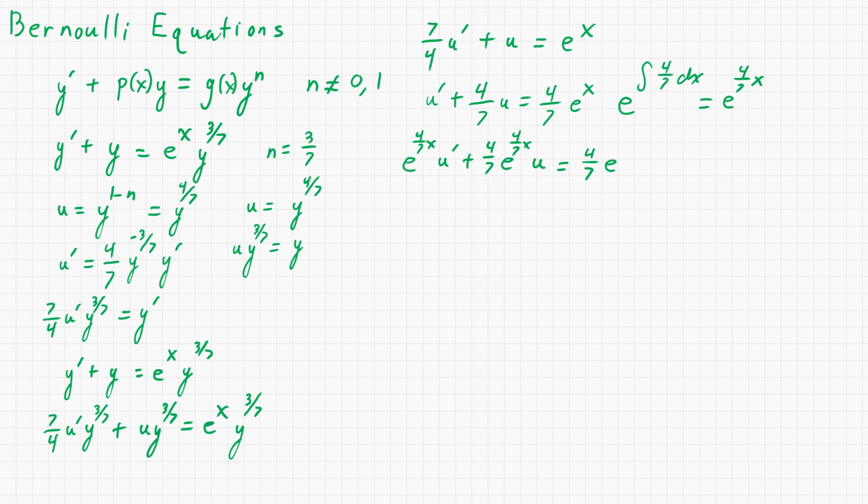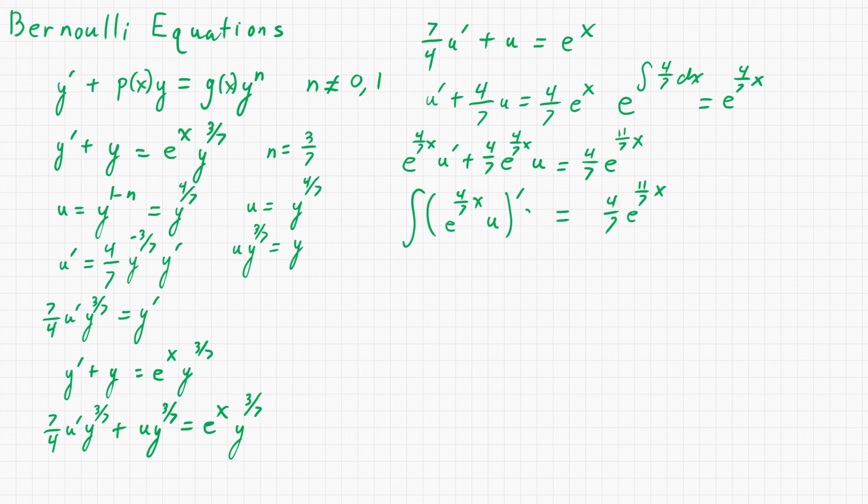So I think that ends up being e to the 11/7, and there's an x there still. All right, so reverse product rule. So we've got e to the 4/7 x times u, the whole thing prime, equals 4/7 e to the 11/7 x.